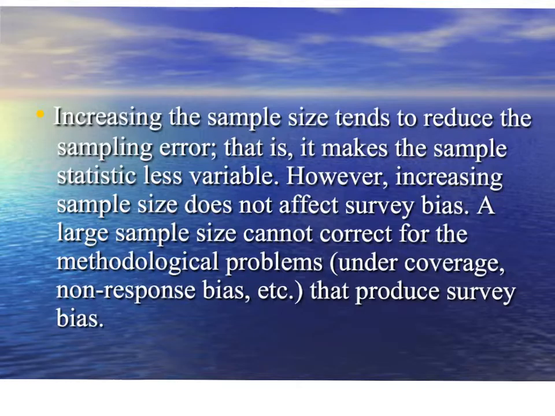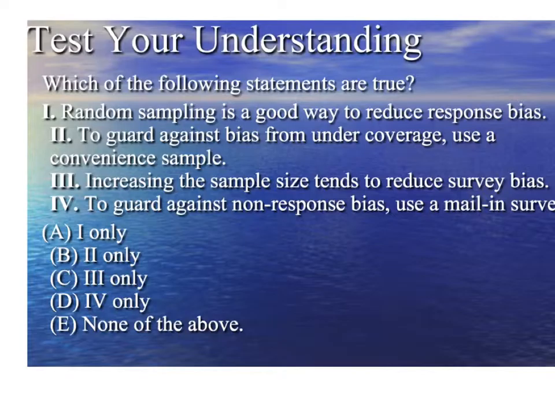I would like to now just test your understanding of what I was talking about earlier with bias. Now, you do not have to copy down notes, just listen. Which of the following statements are true? 1. Random sampling is a good way to reduce response bias. 2.